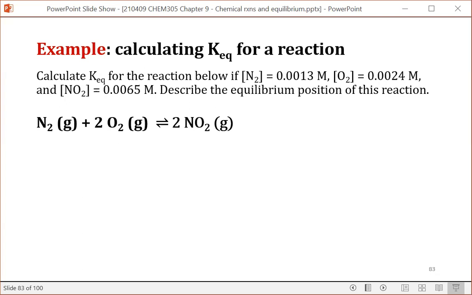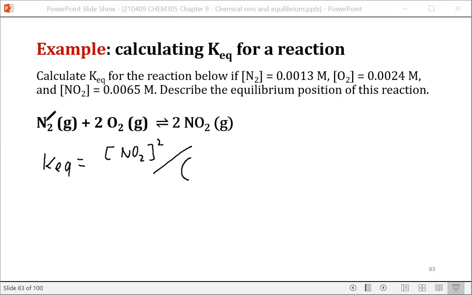So first thing, let's set up our equilibrium expression. So KEQ is going to be the concentration of our products. In this case, we just have one product raised to its coefficient. So it's going to be our concentration of NO2 raised to the second, divided by the concentrations of each of our reactants raised to their coefficient and multiplied together.